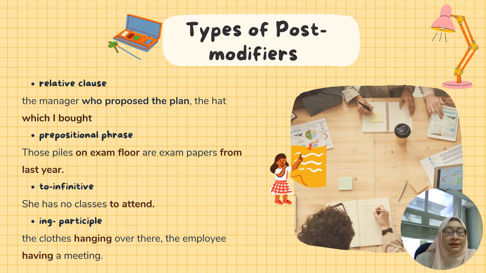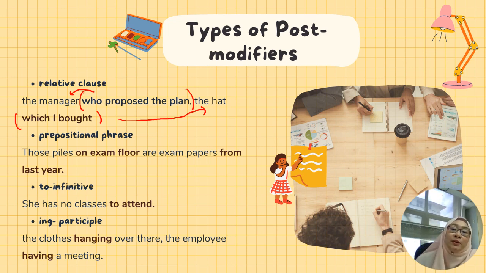Here, the examples that I've given: the manager who proposed the plan, the hat which I bought. So here we have the relative clause which I bought to modify the noun phrase the hat, and who proposed the plan to modify the manager.